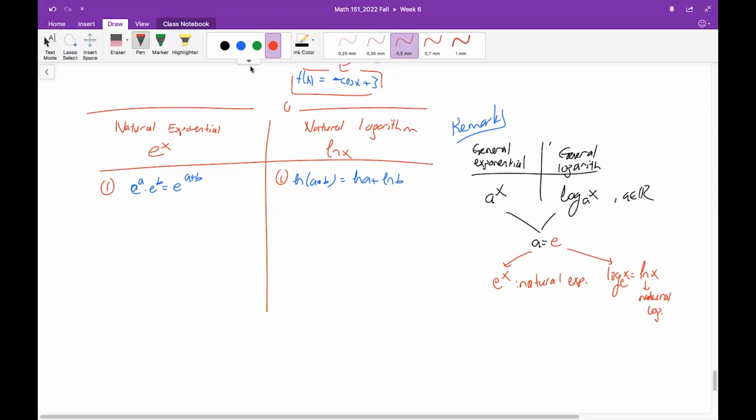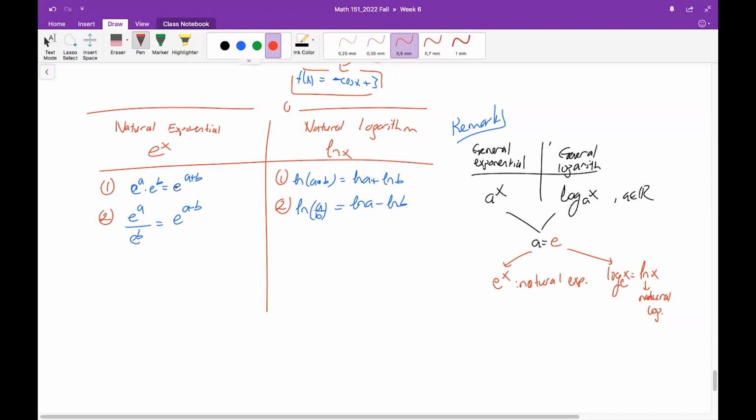What about the ratios? Let's say we have e to the power a divided by e to the power b, then you can rewrite it like this. The second property here is more interesting: ln of a over b can be written as ln a minus ln b.